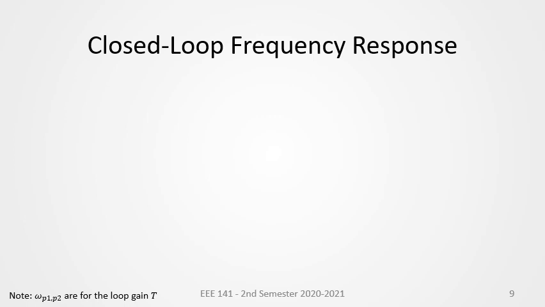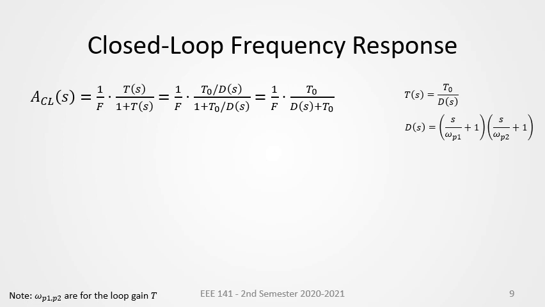Now we will go back to the closed loop response and try to relate the phase margin to the system being underdamped, critically damped, or overdamped at closed loop. We start with the general closed loop expression based on the frequency-dependent A of s and a purely real f, which leads to a frequency-dependent T of s.